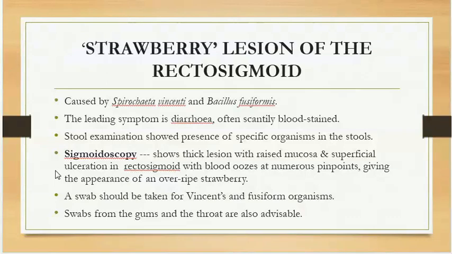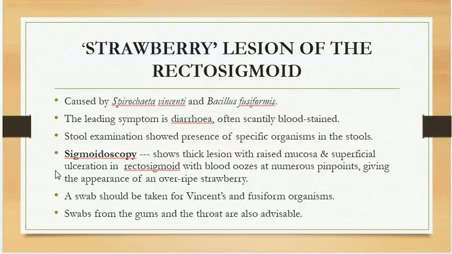Sigmoidoscopy in these patients shows a thick lesion with raised mucosa and superficial ulceration in the rectosigmoid, with blood oozing at numerous pinpoints, giving the appearance of an overripe strawberry. That's why we call this condition a strawberry lesion of the rectosigmoid.